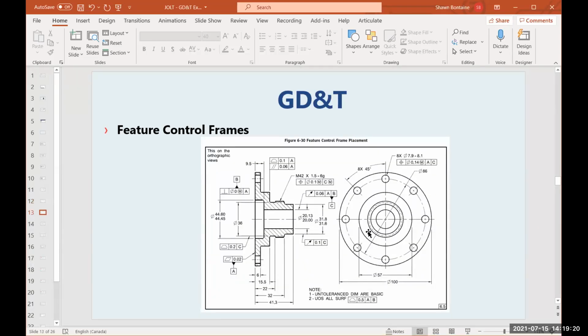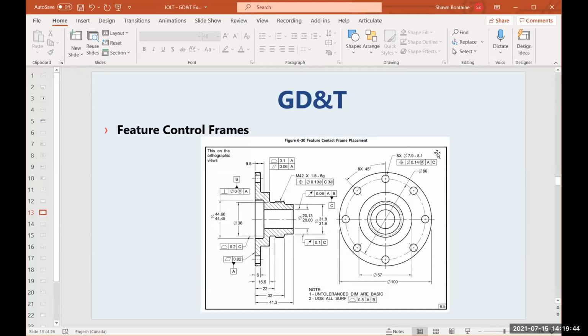Another thing to keep in mind with feature control frames is how they're placed on drawings. The example on your screen shows the four most common ways of coming across feature control frames on a drawing. The most common method is to attach it right to the feature-related callout.